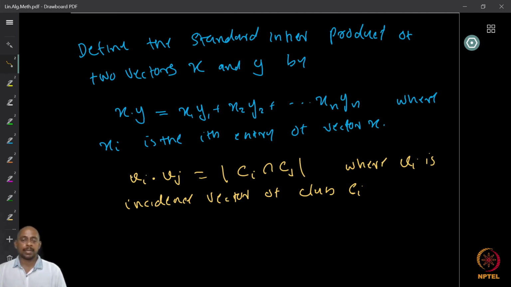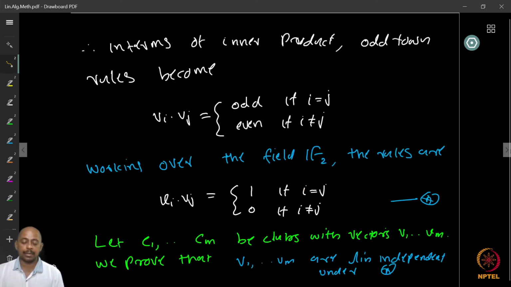So that product will give 1, and then you add up the 1s. So basically it counts the number of people common to both clubs. So the cardinality of Ci intersection Cj will give you the inner product vi dot vj. The inner product of the incidence vectors gives the number of people common to the clubs.